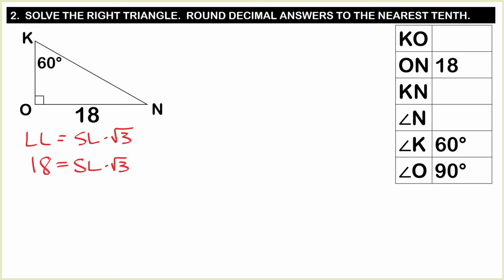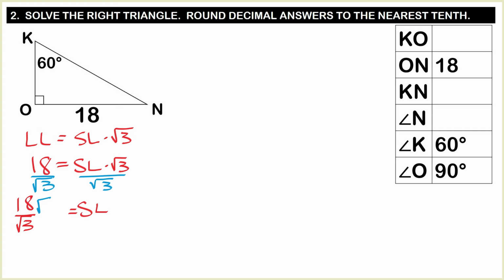In order to solve for the short leg, I need to divide both sides by the square root of 3. And so my short leg is 18 over root 3. But I can't leave my answer that way. I need to rationalize the denominator.